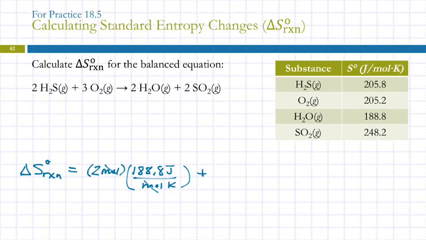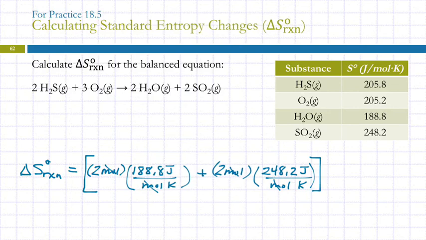And my other product is SO2. I've got 2 moles of that. So 2 moles of SO2 times its standard entropy, joules per mole Kelvin. And the moles cancel out. Okay, so those are my products.